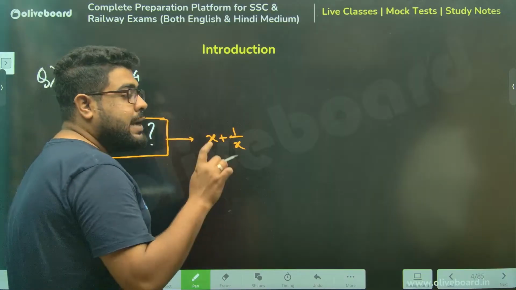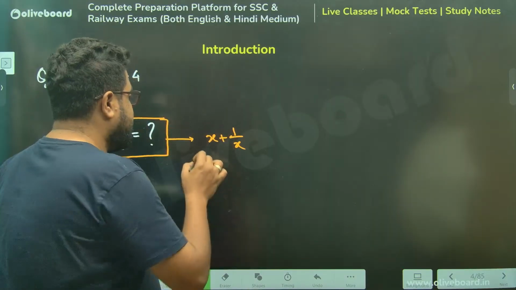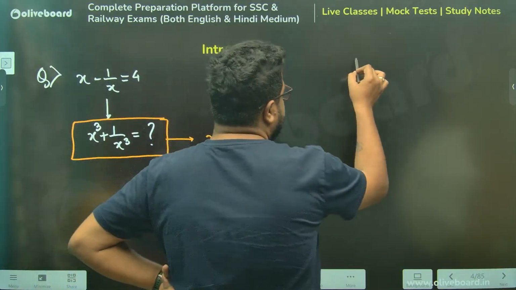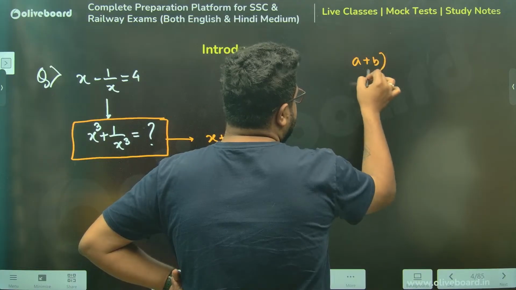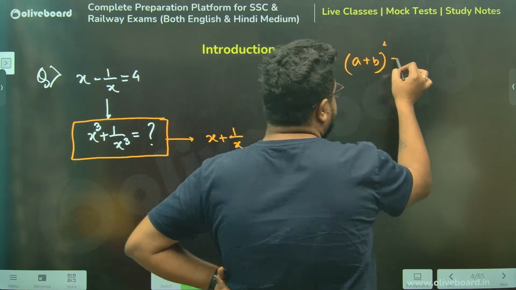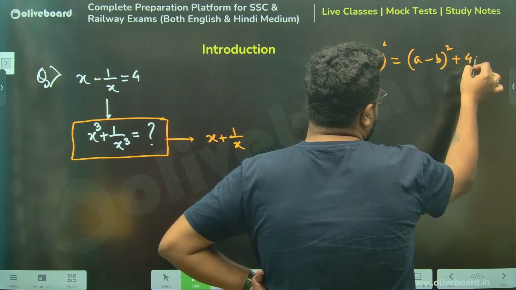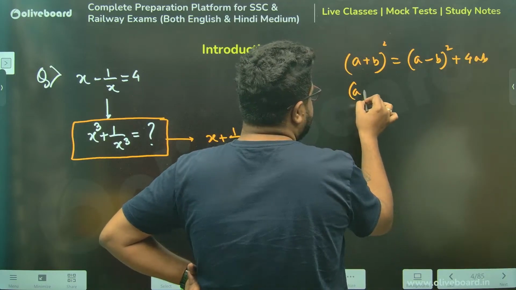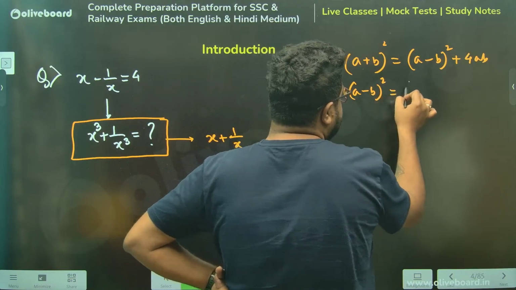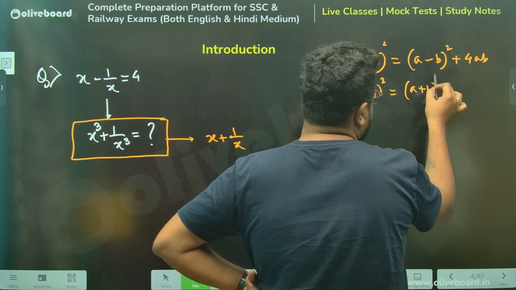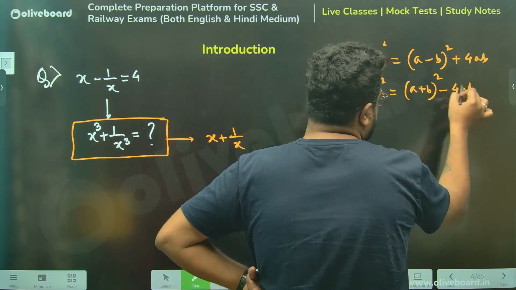Please understand, I'll use the formula for 4ab. I'm just writing it here. A plus b whole squared can be written as this, or if I need the opposite, meaning a minus b, I can write it as this.